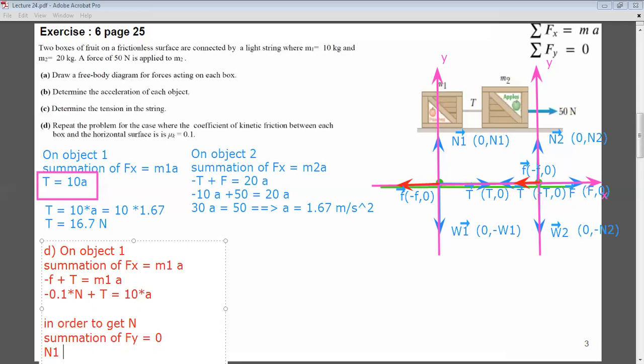The friction doesn't have a y component. The tension doesn't have a y component. I only have N1 and W1 with y components. N1, the y component is plus N1. W1 is minus W1. This is equal to 0. So N1 is equal to W1, which is M1 g, which is equal to 10 times 10, which is equal to 100.